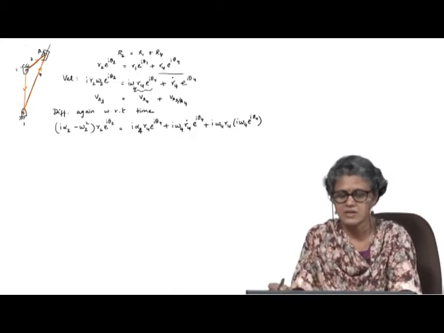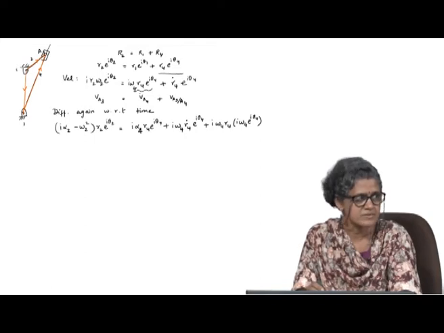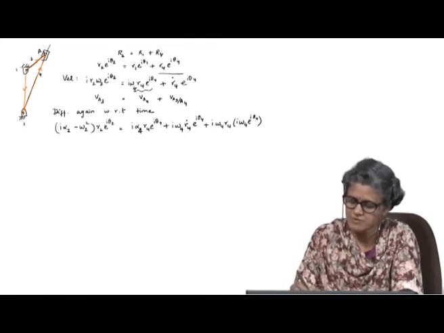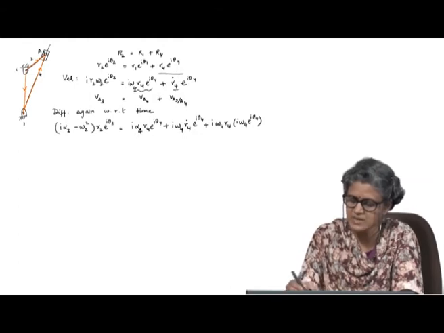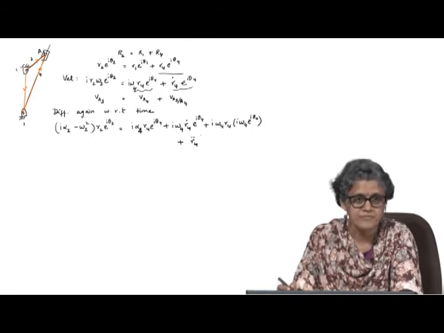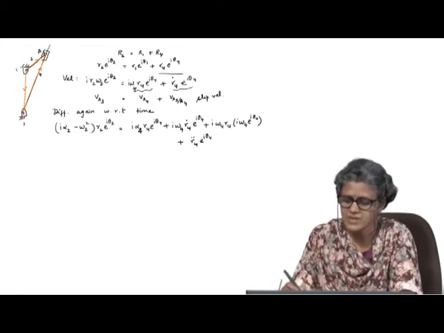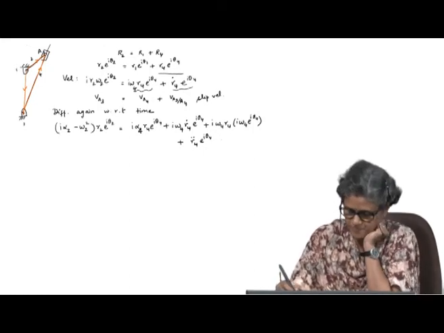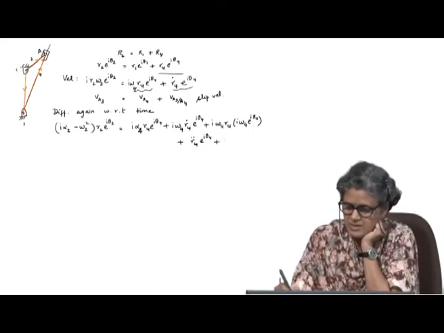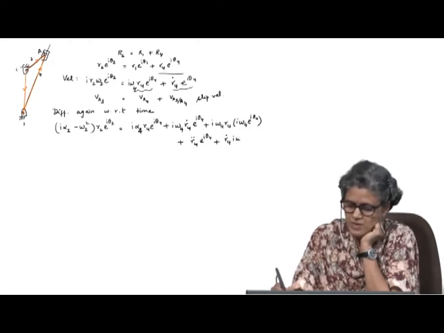Those are the three terms I get from differentiating this. Now, from differentiating the second term, I get R4 double dot e power i theta 4. So, this was the slip velocity, if you remember. This is the slip acceleration, plus R4 dot i omega 4 e power i theta 4.